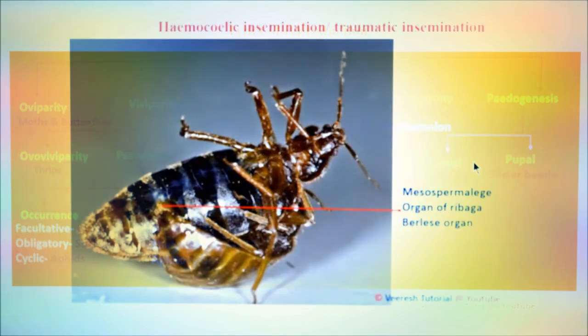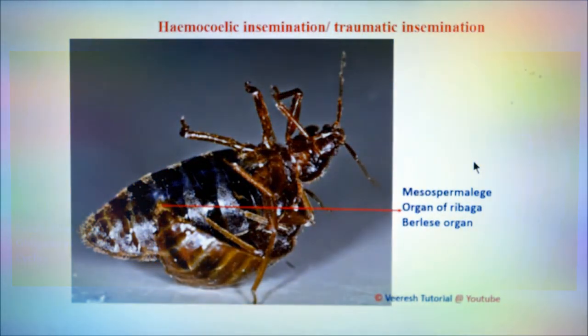And a very interesting type of mating system you can see in bedbugs, belonging to the family Cimicidae. Here the male pierces the female abdomen with the help of a sharp aedeagus, and it releases the sperm directly into the hemolymph. The sperm diffuses through the female hemolymph and reaches the ovaries, thus resulting in fertilization.